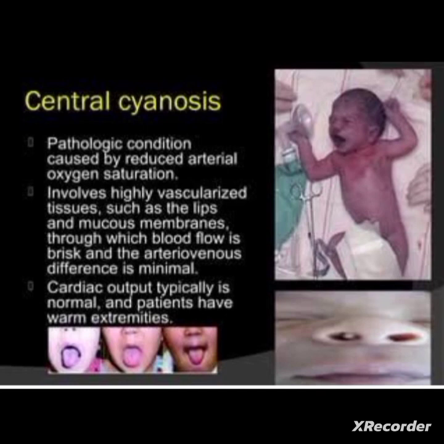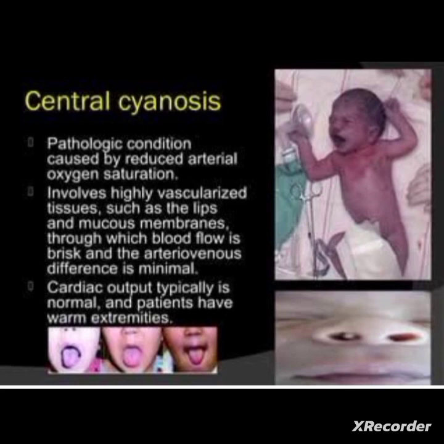It involves highly vascularized tissues, such as lips and mucous membranes, through which blood flow is brisk and the arteriovenous difference is minimal. So, when we observe the lips, tongue and mucous membranes, central cyanosis occurs in these areas.